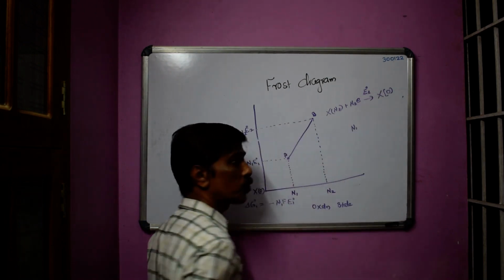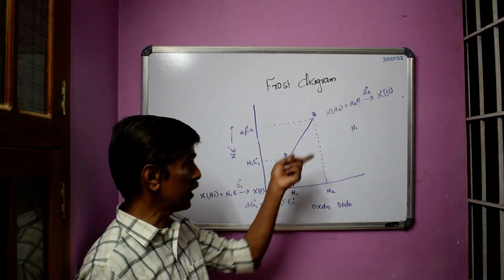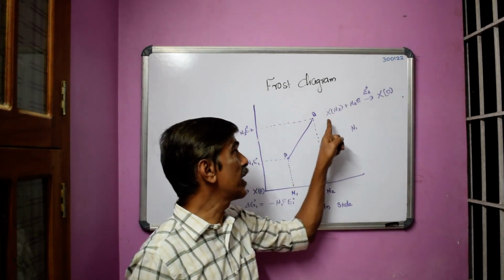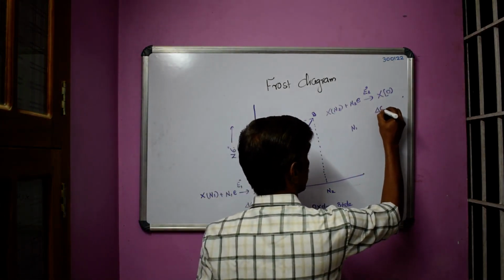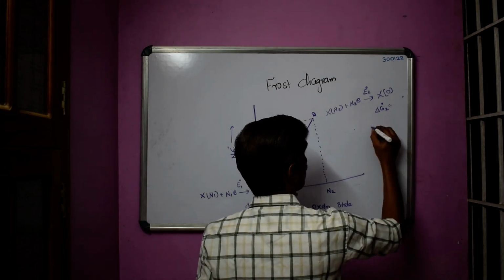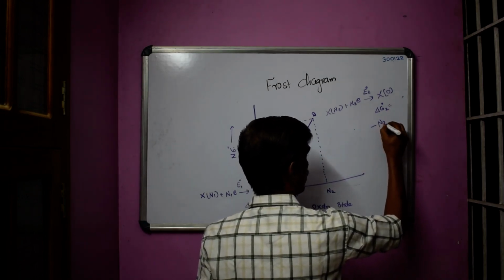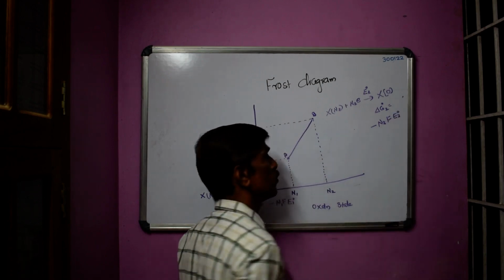If E02 represents the potential of that redox pair, involving x in the 0 state and x in the N2 state, then delta G02 will be equal to minus N2 F E02, isn't it?